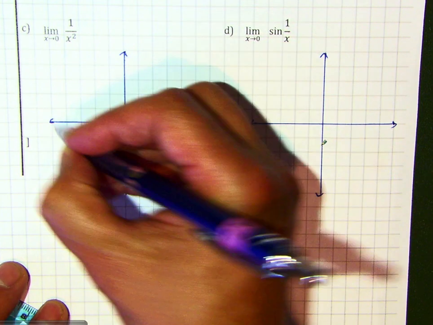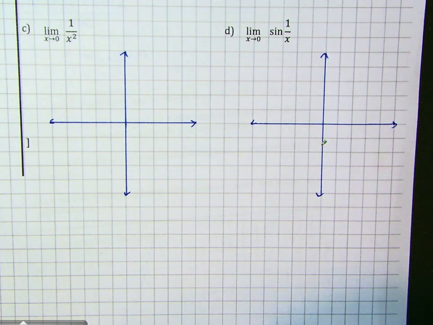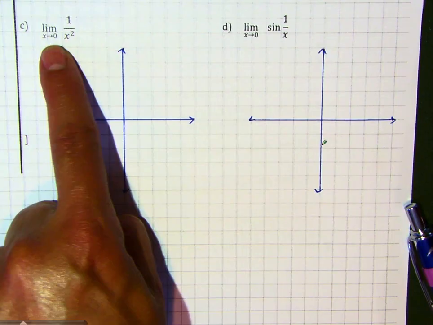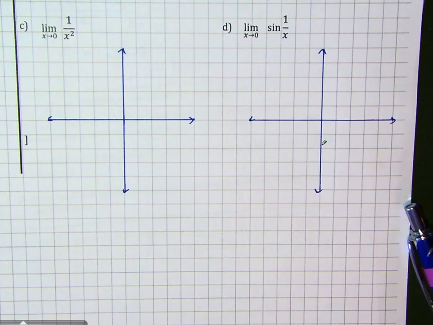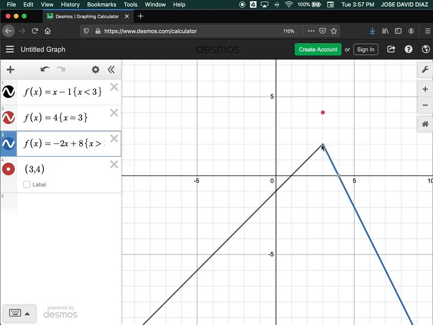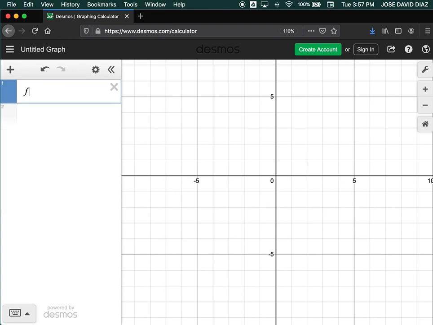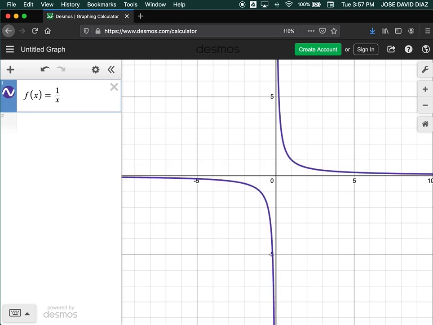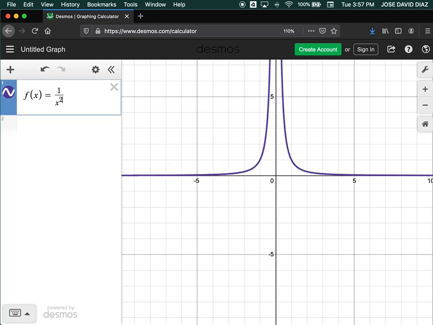So the question is, do you know what the graph on the left looks like? We covered this type of graph: it is a rational expression. So therefore, when I graph it, we get rid of all these graphs. F of x equals 1 over x to the power of 2. It looks something like this.